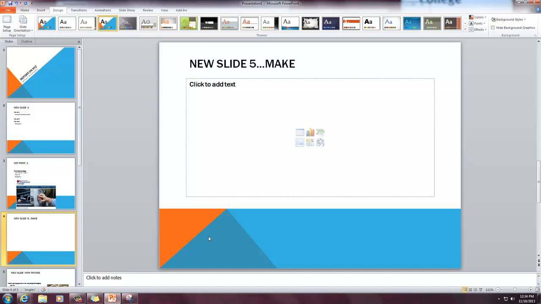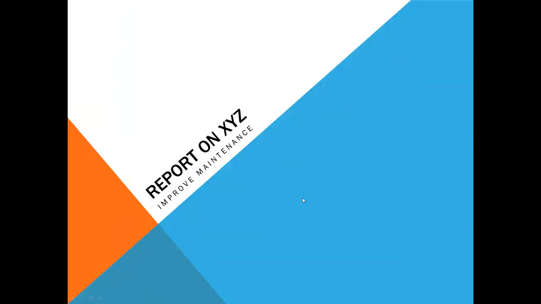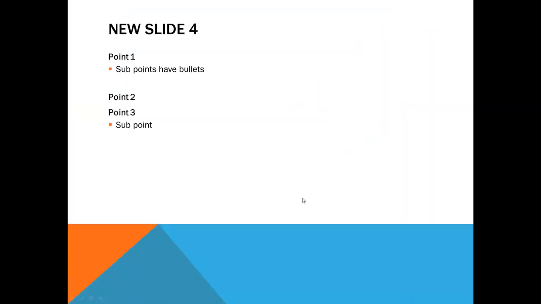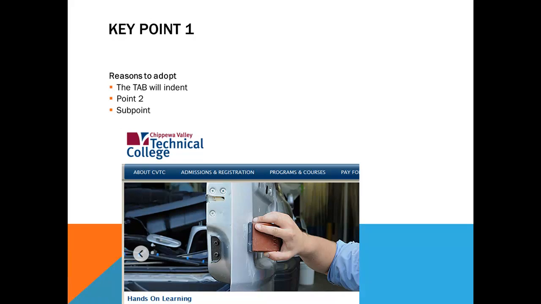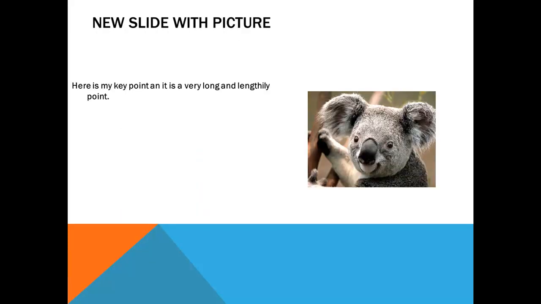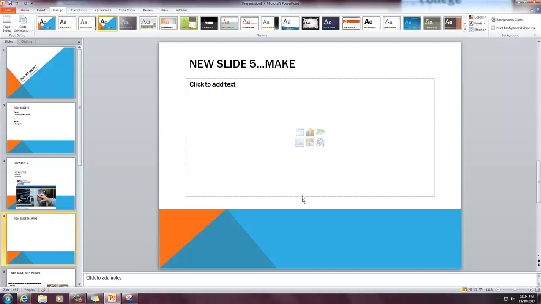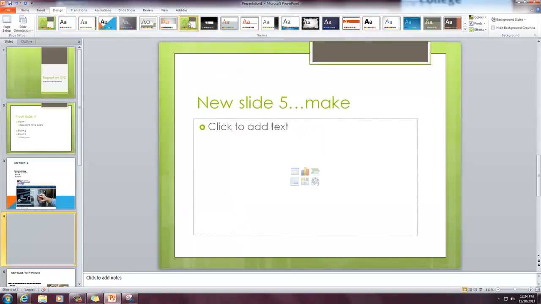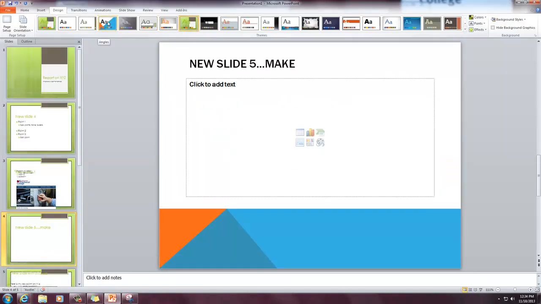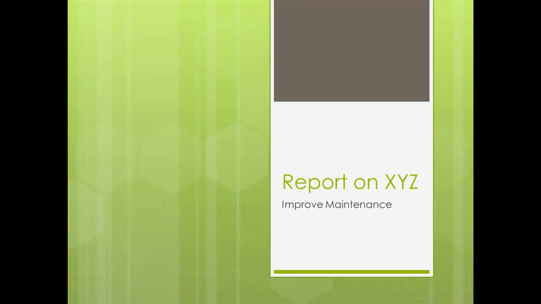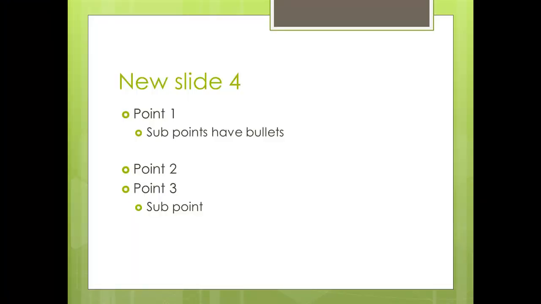If I pick that theme, is that what I meant to have? Do I like how it's made? It just depends on which theme you pick. Now I go to that one, and you see it's put it way over there. I don't know what the brown box does up ahead.